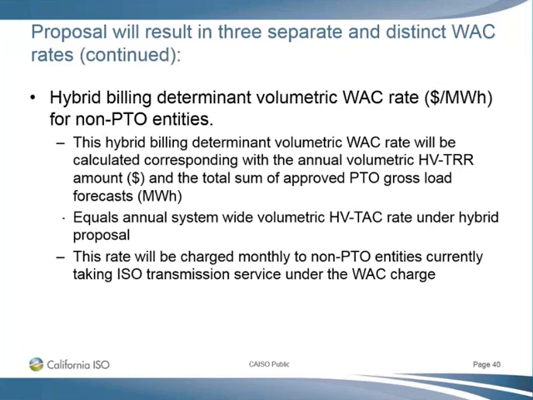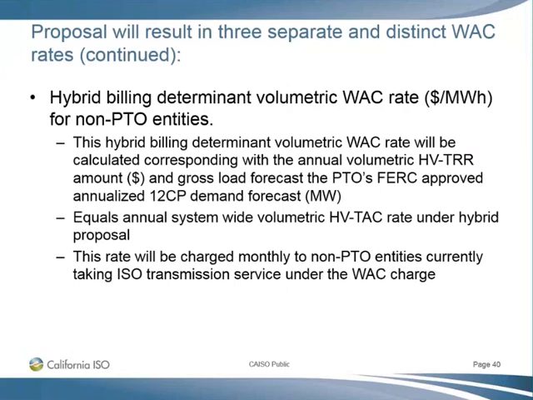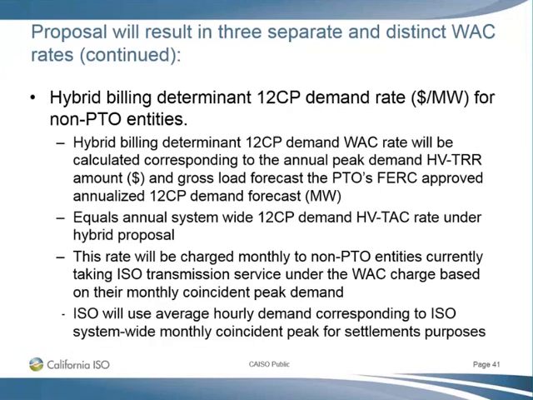For those entities, they will be treated similarly to the hybrid billing determinant approach that we are proposing for the traditional TAC. So what does that really mean? It'll have a volumetric component, and also, on the next slide, the 12CP demand rate component, and those will each be charged to these entities similarly to any other UDC.